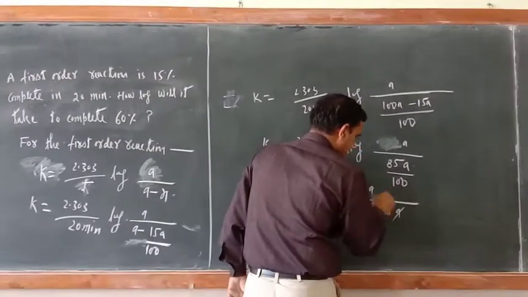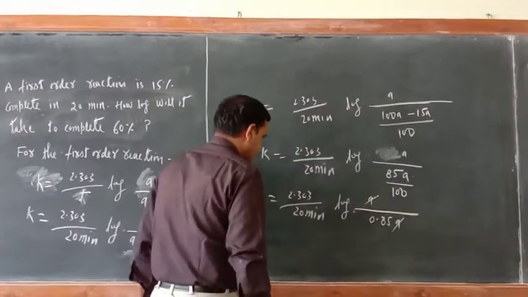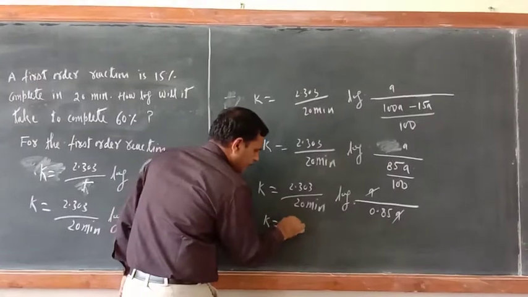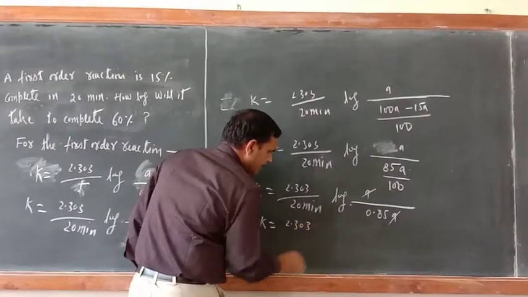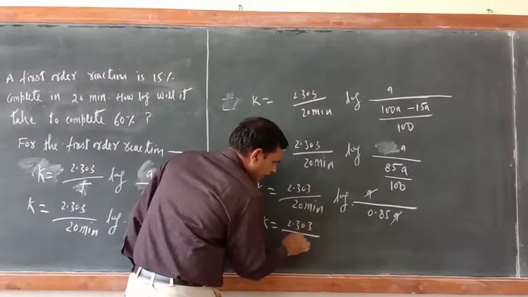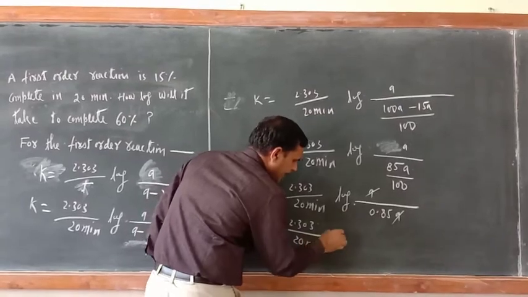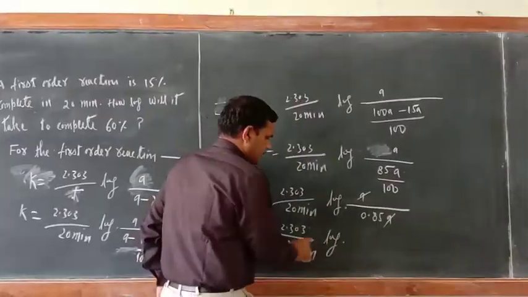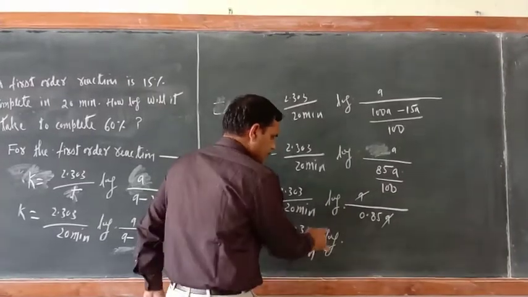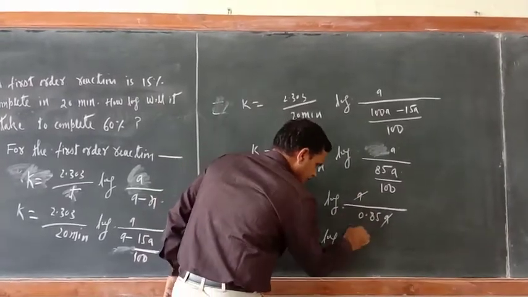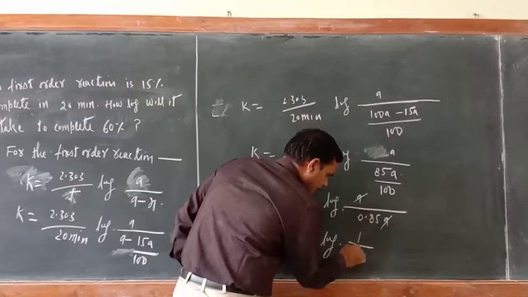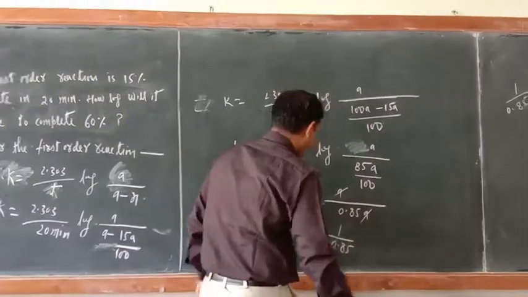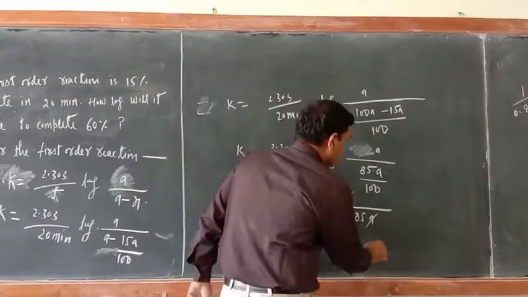So this a is cancelled out. So now we get K equal to 2.303 divided by 20 minutes, and here log. So dear cadets, log a is cancelled out. Here we can write 1 by 0.85.